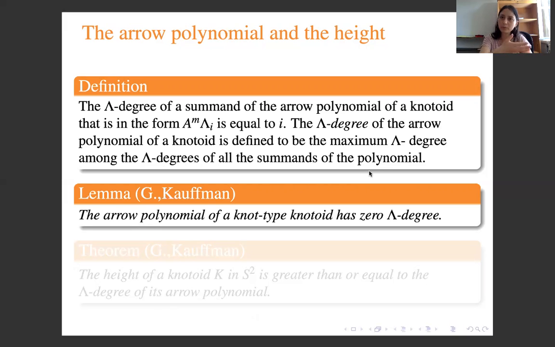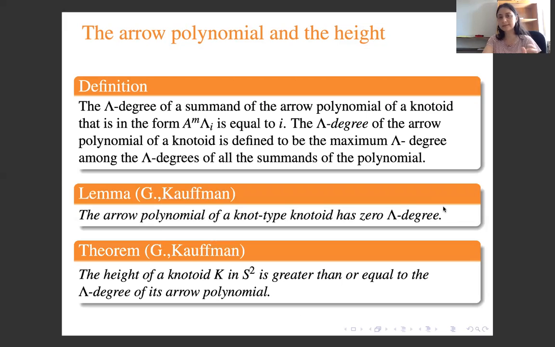So if we compute the arrow polynomial for a knot type knotoid, we will observe no lambda variables. It would actually correspond to the bracket polynomial of that knotoid. So this can be proven with a similar observation with the fact that circular components are free of cusps under the reduction rules.